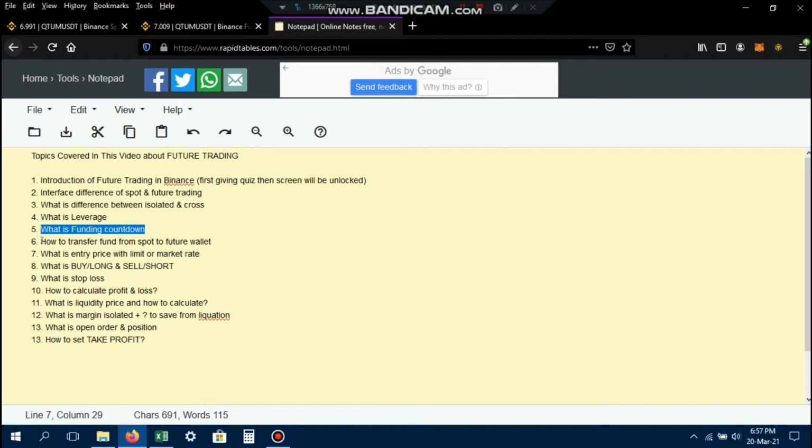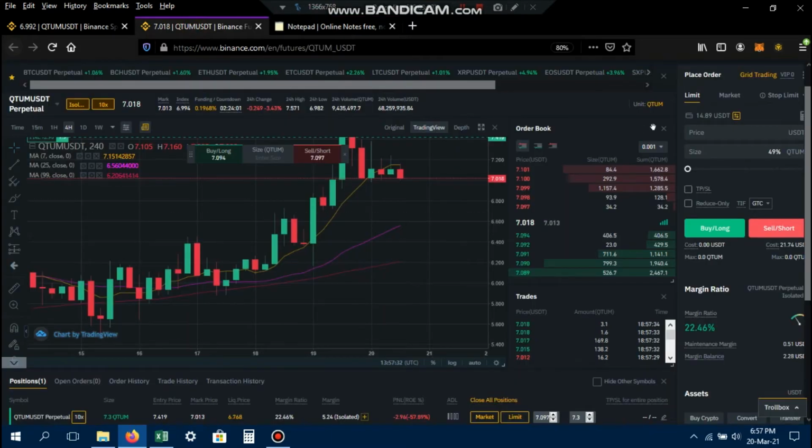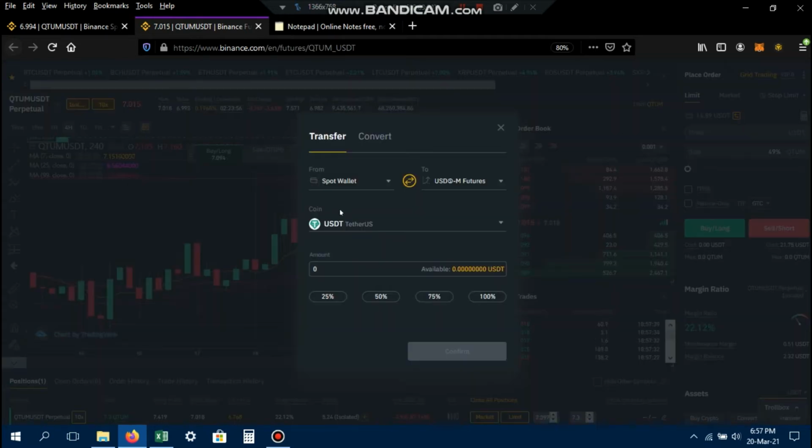And now the sixth question is how to transfer funds from spot to future wallet. Maybe I would have told you before. You just have to come over here and click over here, you have this option from spot to USD future. You would have some amount of USDT in your spot wallet.